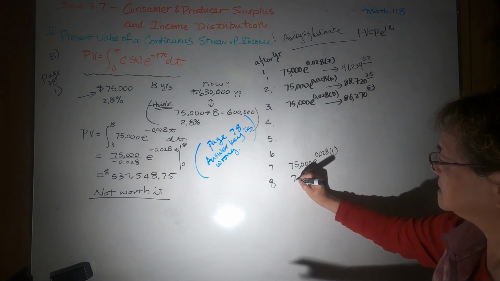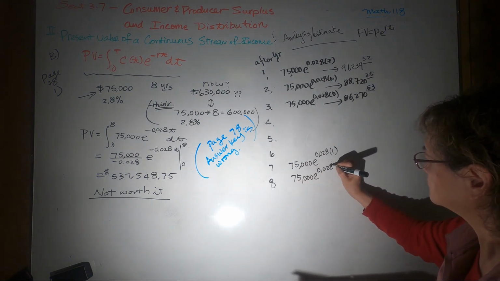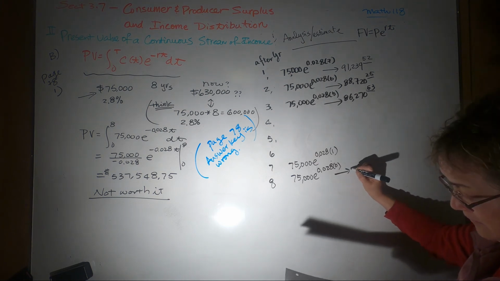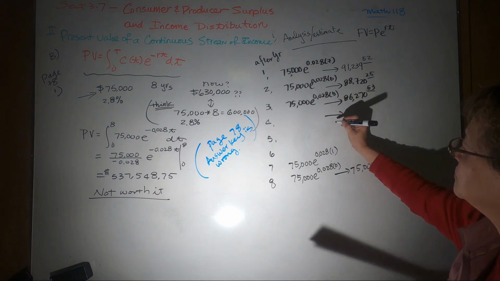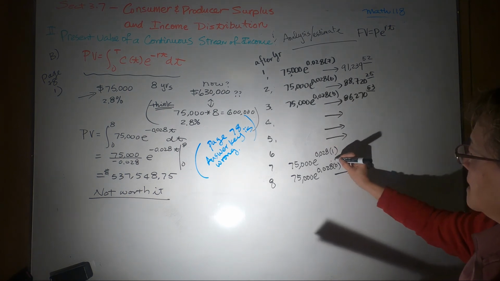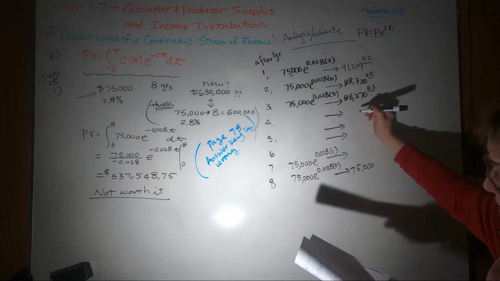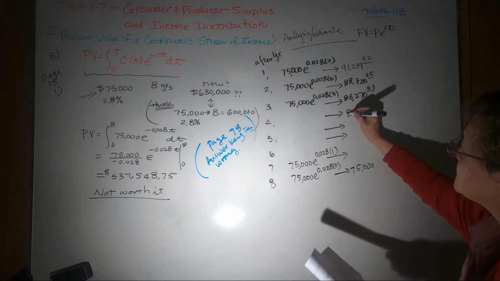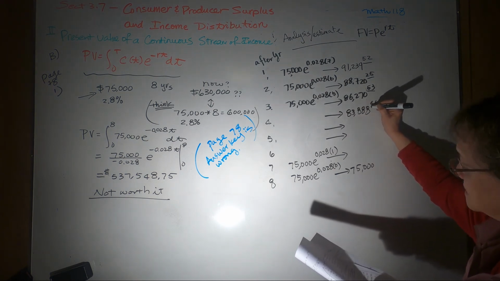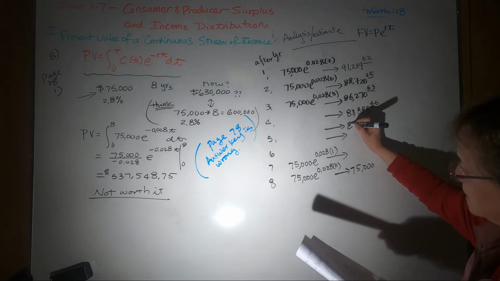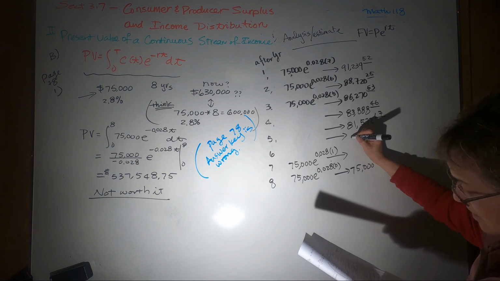So if we do the analysis this way, I have 75,000. Let me give you all the numbers for you to compare. That's how we usually analyze the situation. 888.46, 81,572.17.